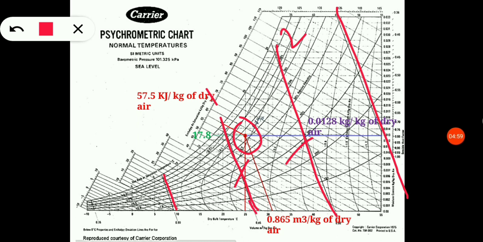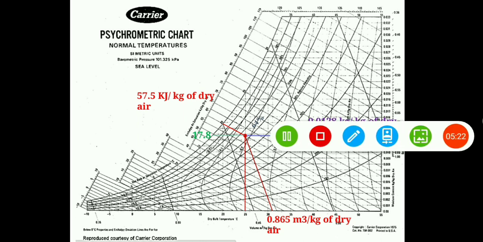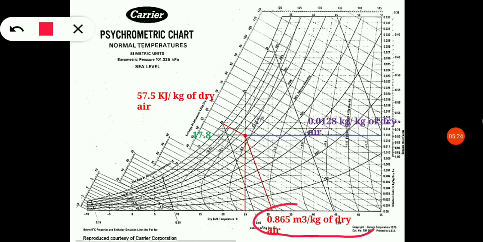This is the specific volume line of 0.85 meter cube per kg, and this is the specific volume line of 0.9 meter cube per kg of dry air. Here our point is nearer to the 0.85 meter cube per kg line, so the approximate value of specific volume comes out to be 0.865 meter cube per kg of dry air for the given condition of the room air.